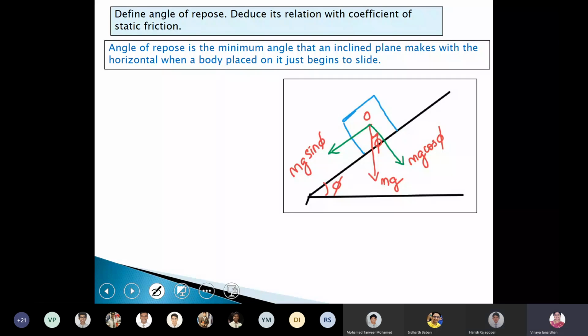Should I explain how you are getting mg cos phi? Samuel? Nabil? Nabil and Samuel? Boys, your microphones are not working. 11B. Ma'am, it works. Then why is there a time lag?